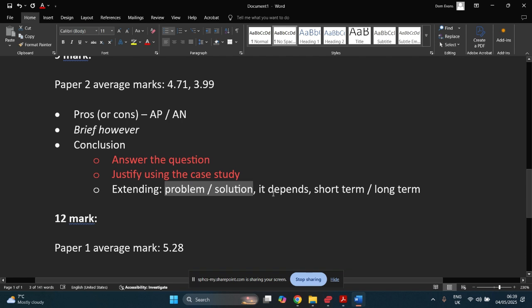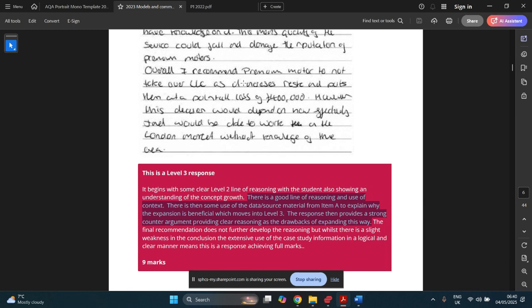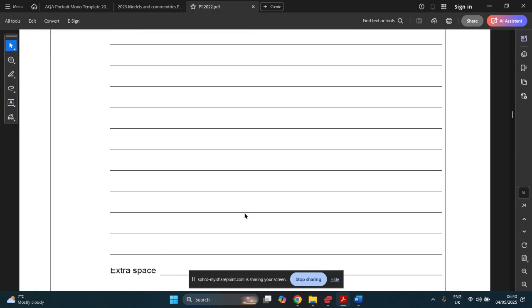You can say what your conclusion depends on, or from the start of your conclusion, you can say, well, in the short term, we've got these benefits, but in the long term, we've got these costs, and therefore, overall, if the business is taking a long-term view, they shouldn't do it.